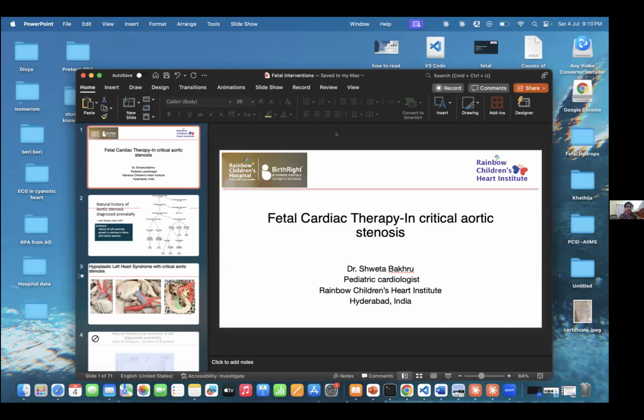Whereas for the 30 weeks cases you have shown, it's a good idea to see the postnatal outcomes, whether they had undergone any balloon dilatations after birth, how they behaved. We all will get more idea. Maybe you can share during your discussion points.